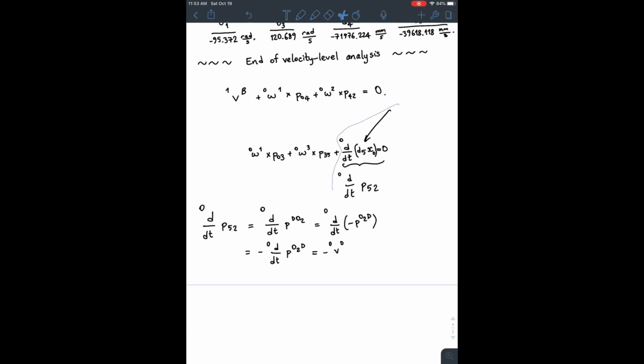With this discussion out of the way, now I'm going to take this whole thing here, delete it, also delete this, and replace that, as this calculation suggests, with negative velocity of point D in the 0th frame. D looks really like a 0, so let me try it again. Point D in the 0th frame.